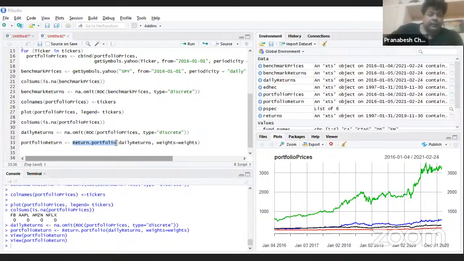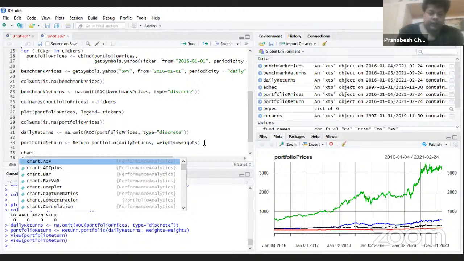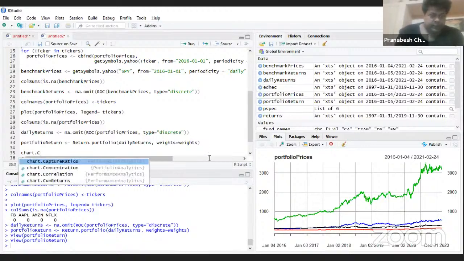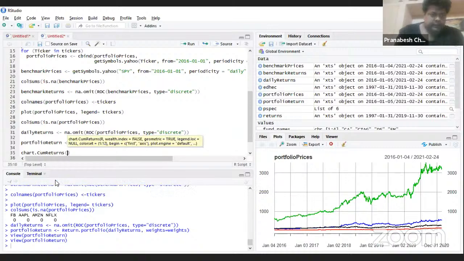Now, let's create some charts. We can use Chart.CumReturns, that is, cumulative returns.